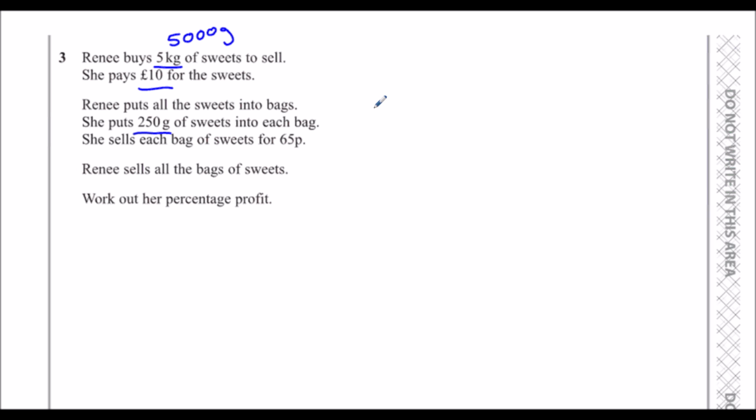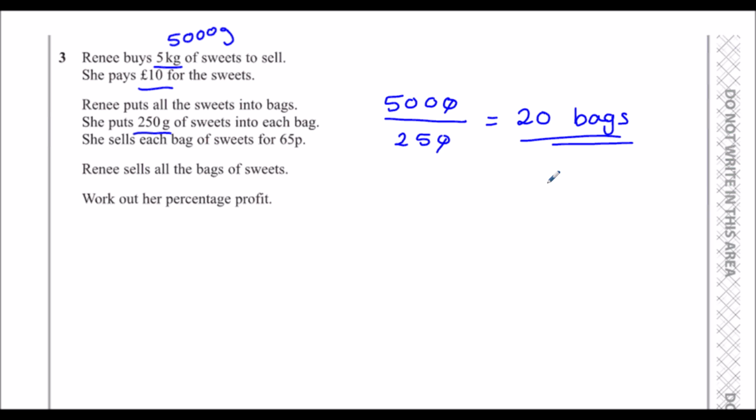So how many bags has she got? She's got 5,000. How many 250s make 5,000? So how many 25s make 500? 4 25s make 100. 4 times 5 is 20. So 20 bags. She's got 20 bags of sweets.